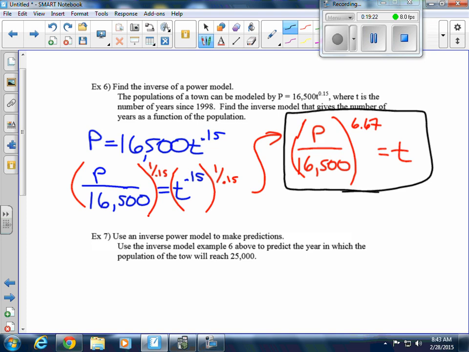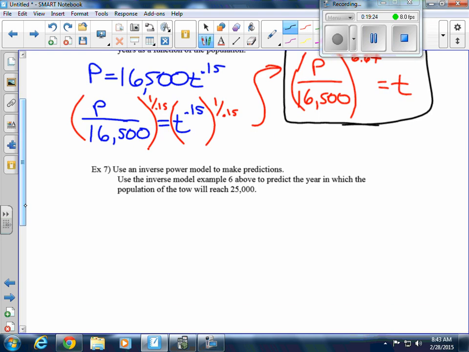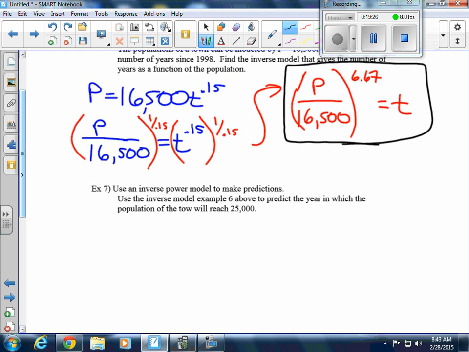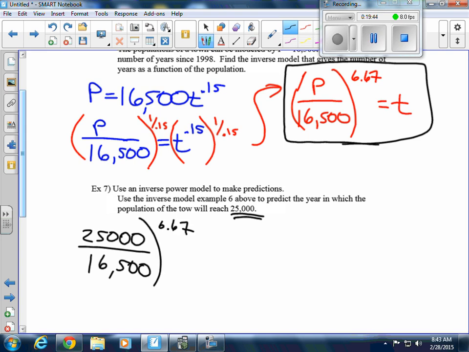Now, jumping down to question 7, we're going to use that inverse model to figure out how long it will take for us to have a population of 25,000 people. So we're going to plug that in. We're going to have 25,000 over 16,500 raised to the 6.67 power.